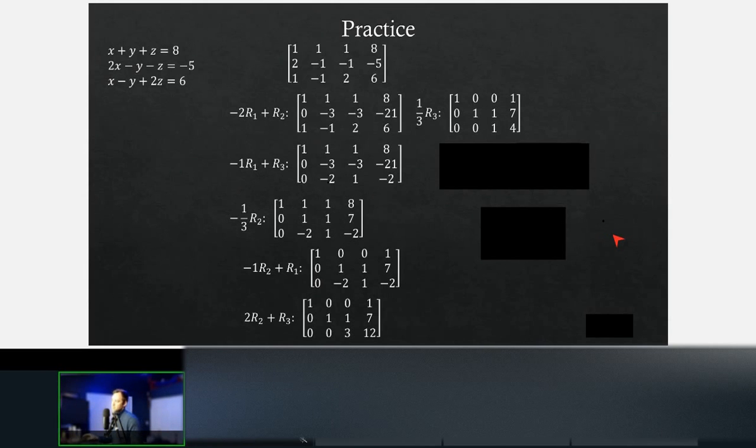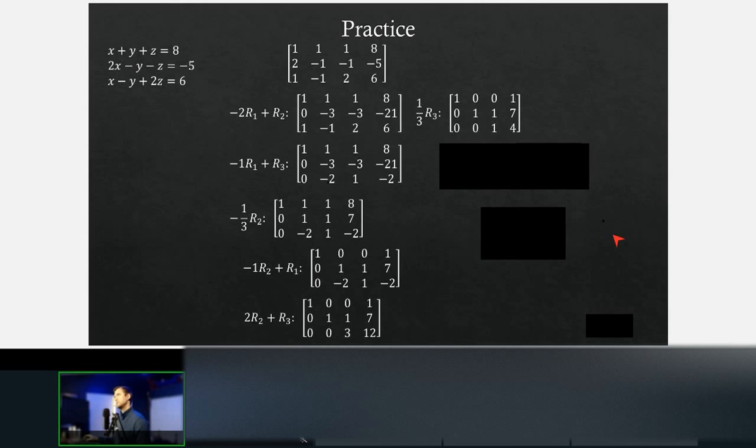Oh, Isaiah, so what you wrote, they're different. So yeah, those are still very different. Like row three minus row two versus negative row three plus row two, they are different.